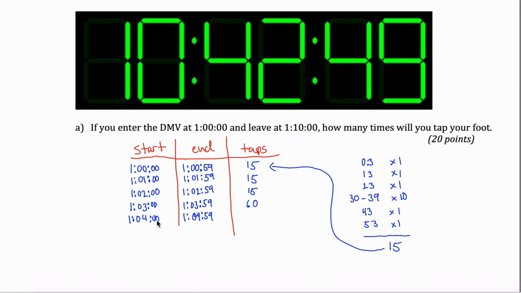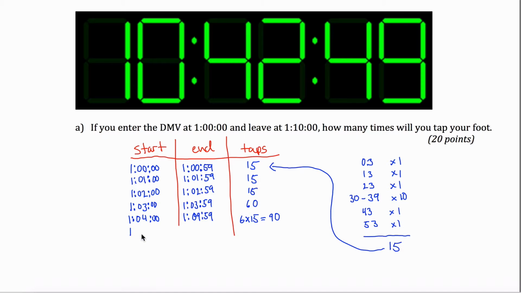What I now have are a bunch of chunks that each have 15 in them. How many chunks do I have? I have the ones starting at minutes 4, 5, 6, 7, 8, and 9. I have 6 of these chunks. So 6 times 15 is what would go here, which ends up being 90.